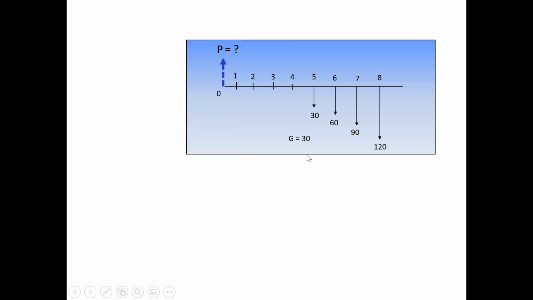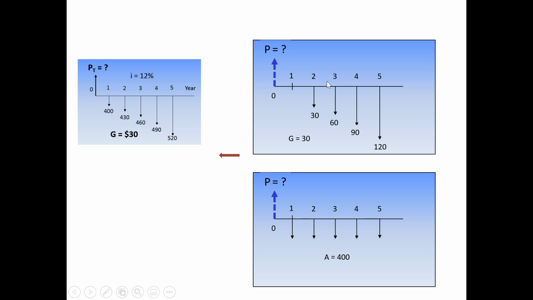In the homework, I give you a gradient that's shifted forward in time. I don't think it's exactly this, but this is just an illustration of the essence of that problem on the homework assignment, which is where you have a gradient, but it's a couple of years beyond, forward in the future, of this earlier example, where the gradient began at time 2 and 0 was 2 years prior to the gradient.